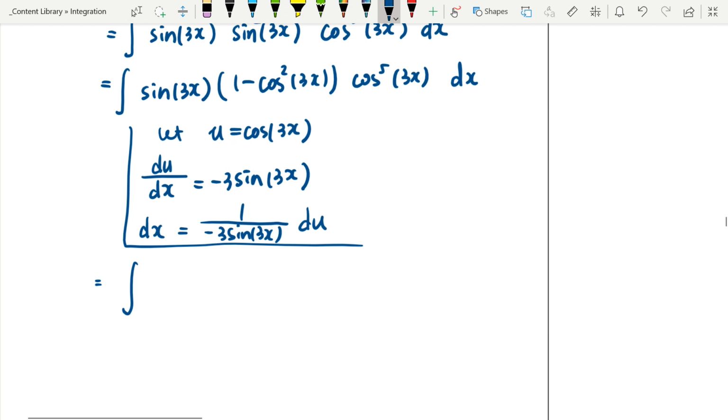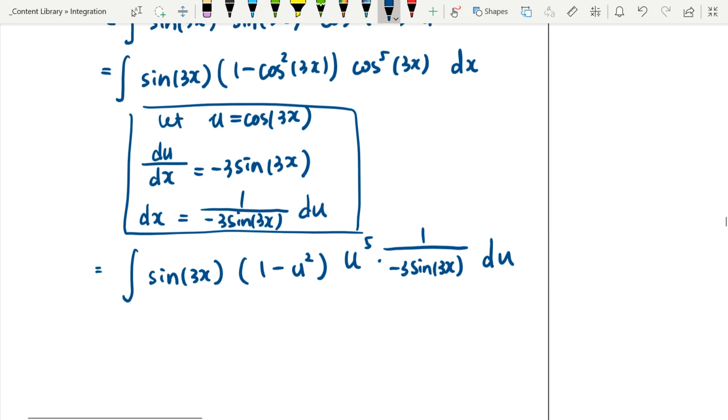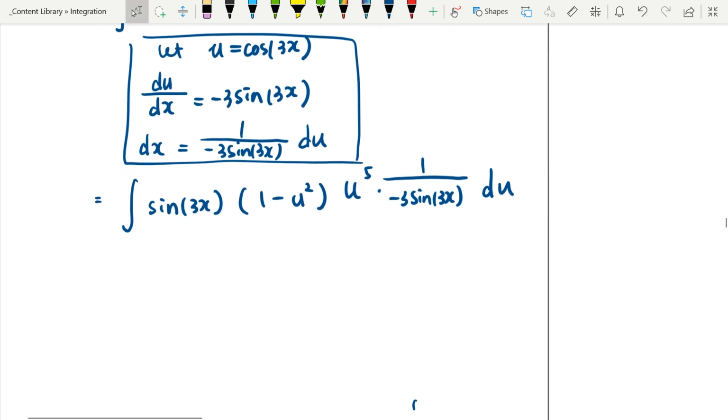Okay, that's my substitution steps. We have 1 minus u squared and u to the power 5 of 1 over minus 3 sine 3x of du. Okay, so simplify that.